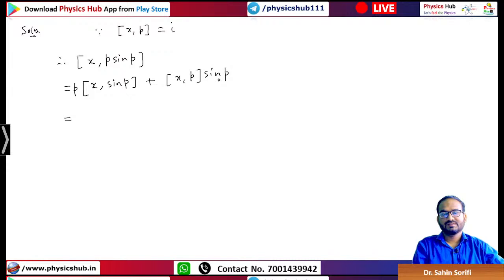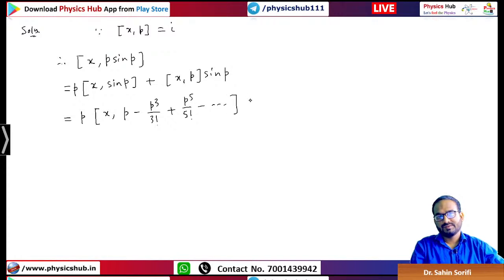Let's take this first one. Then [x, sin p], where sin p is p minus p cubed by 3 factorial plus p to the power 5 by 5 factorial minus and so on. [x, p] is iħ, so this is iħ sin p.